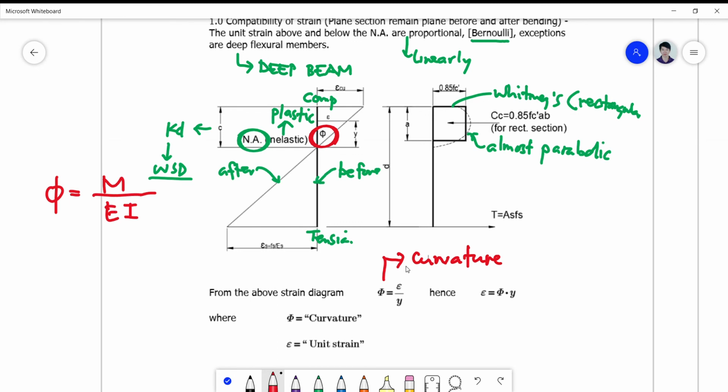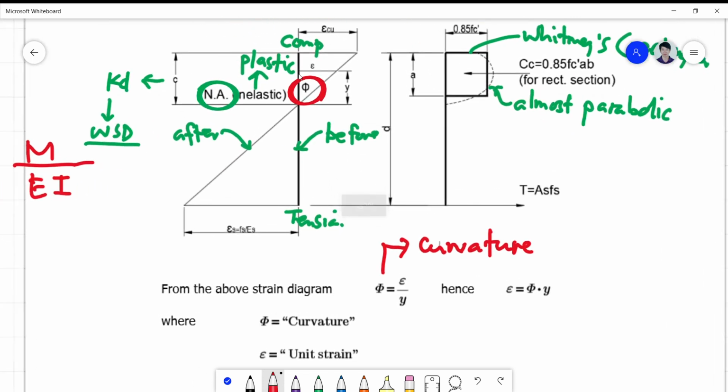But we will simplify the definition here first, taking note that phi is simply the angle between your strain, okay, strain deformation all over a distance y from the neutral axis. So whatever strain is there, and then you divide it by y, is equivalent to the angle phi, which is exactly the tangent of the angle.